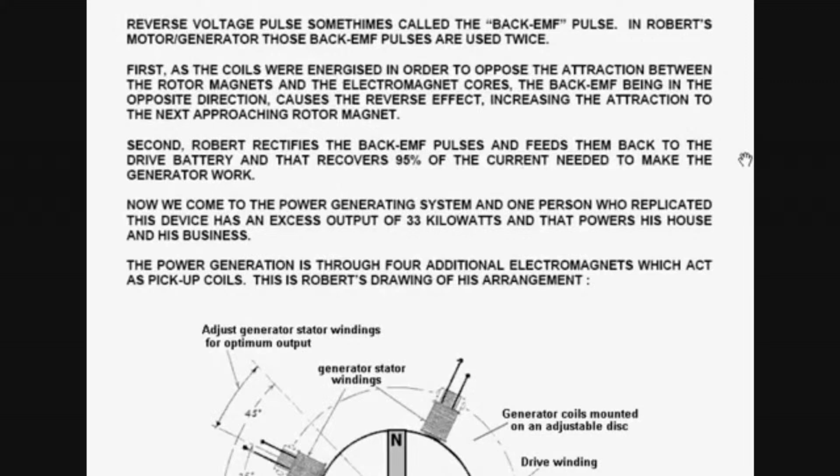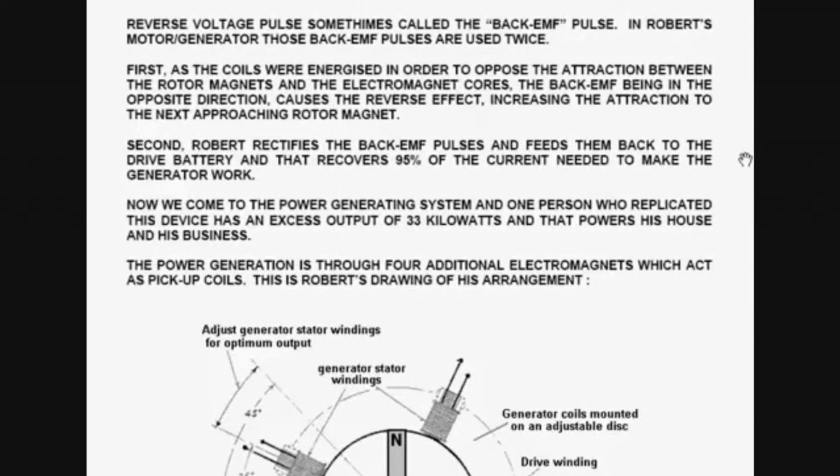First, as the coils are energized in order to oppose the attraction between the rotor magnets and the electromagnet cores, the back EMF, being in the opposite direction, causes the reverse effect, increasing the attraction to the next approaching rotor magnet. Second, Robert rectifies the back EMF pulses and feeds them back to the drive battery, and that recovers 95% of the current needed to make the generator work.